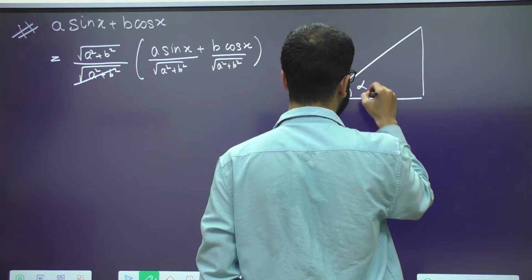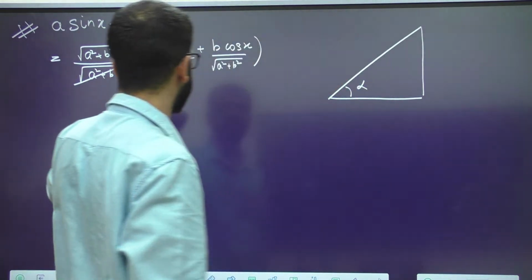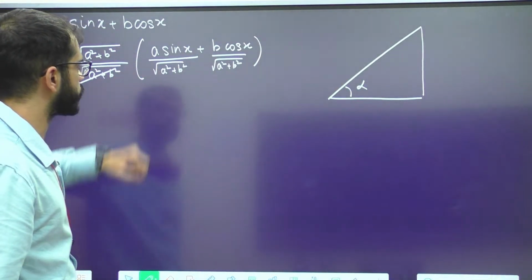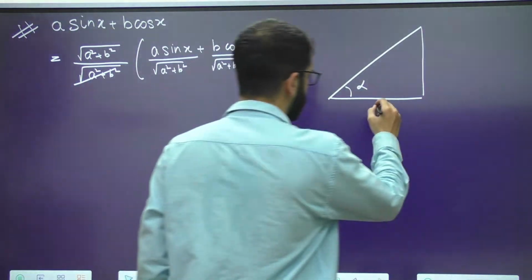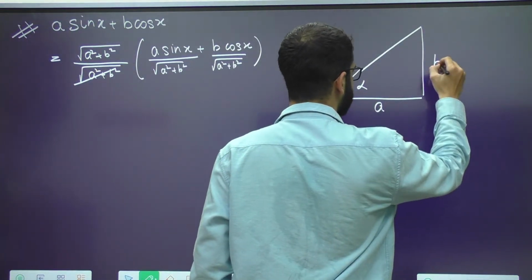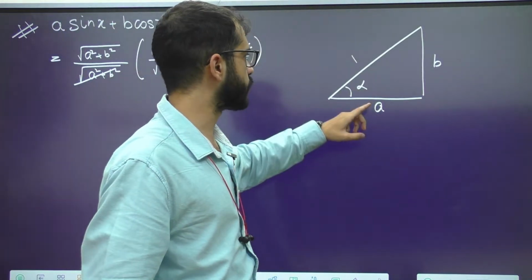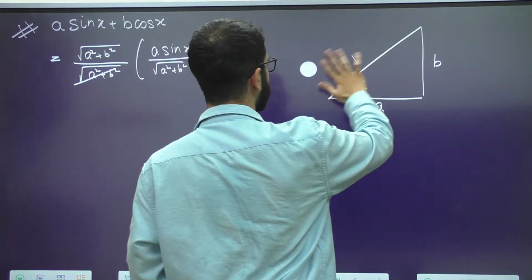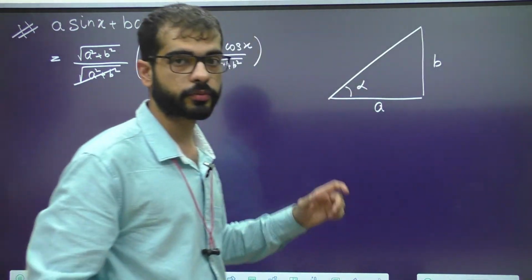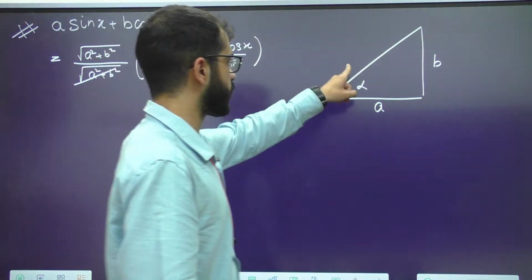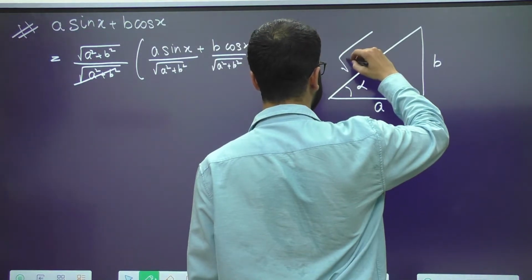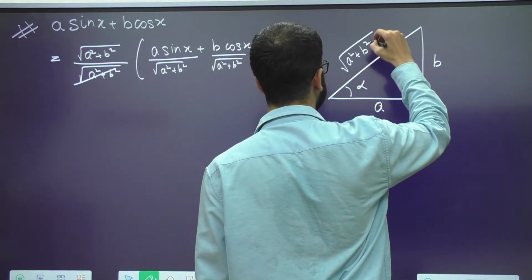If this is my angle alpha, then I am having a upon under root of a square plus b square. Let's say this is a and this is b. Then by Pythagoras theorem we can say that hypotenuse square is equal to perpendicular square plus base square. So I can calculate the length of hypotenuse as under root a square plus b square.